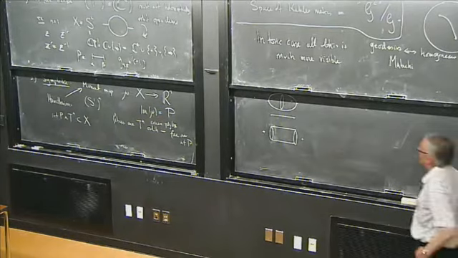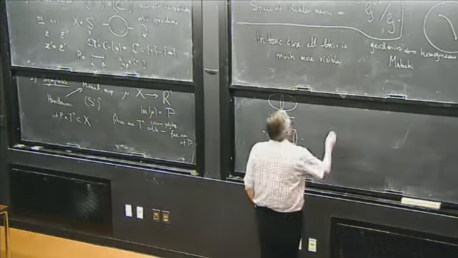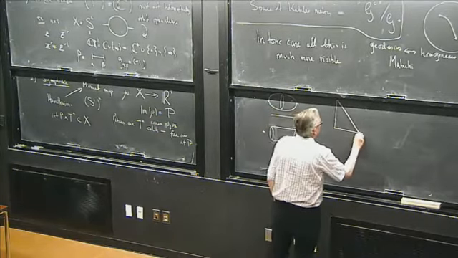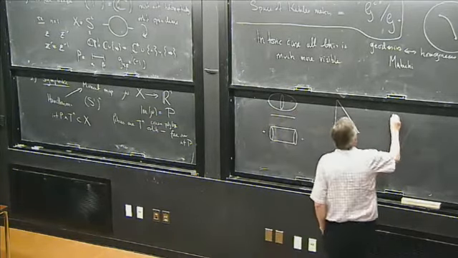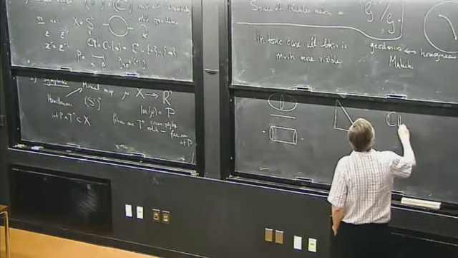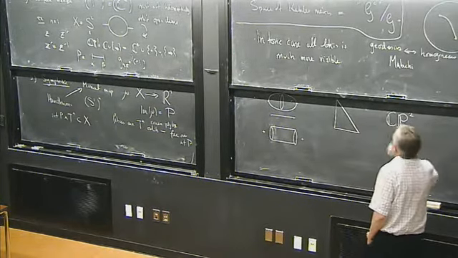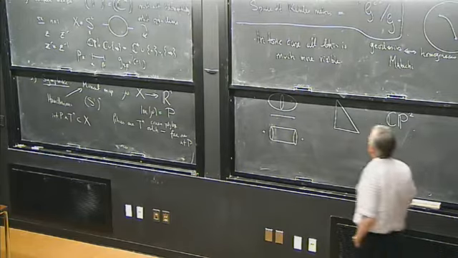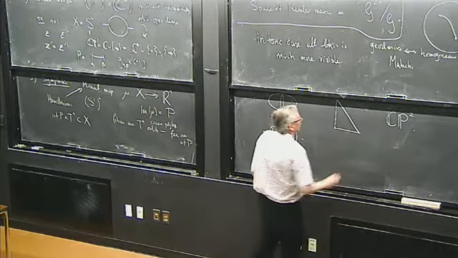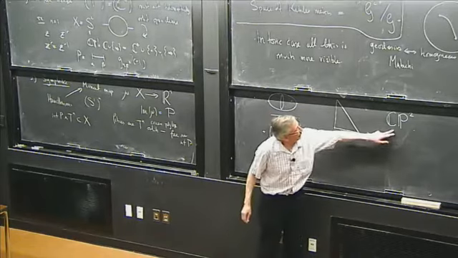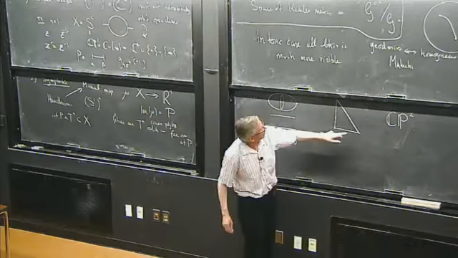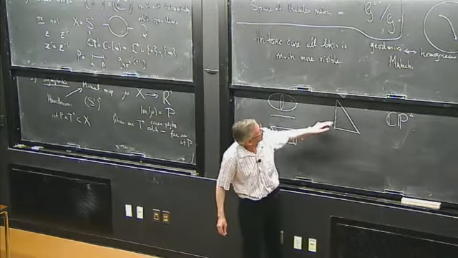But a more complicated example would be to take, say, a triangle. This would correspond to the complex projective plane. So this is a real four-dimensional thing. We think of that as built up as a product of the interior of the triangle times a two-dimensional torus.